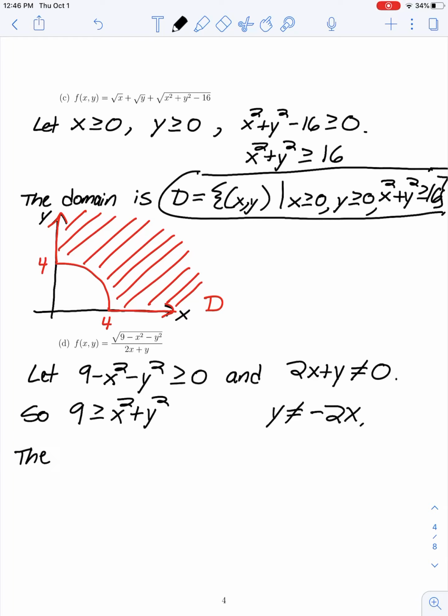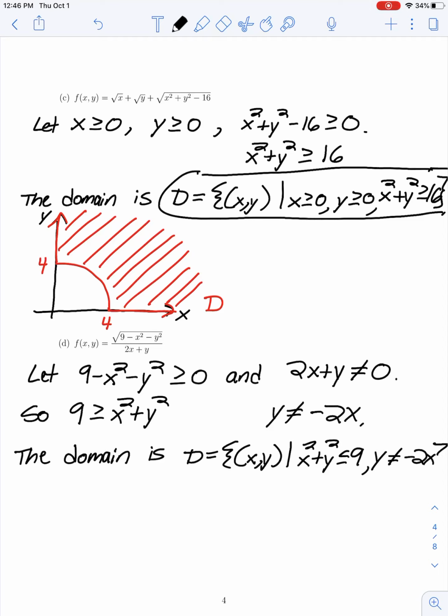So for this function, the domain is the set D of all points in the xy plane such that these two conditions hold, namely x squared plus y squared has to be less than or equal to 9, and y cannot be equal to negative 2x.